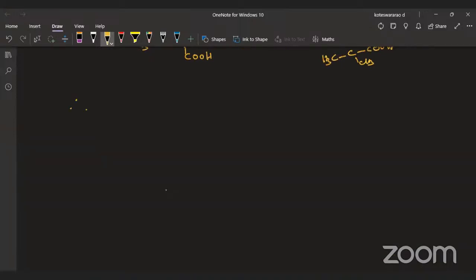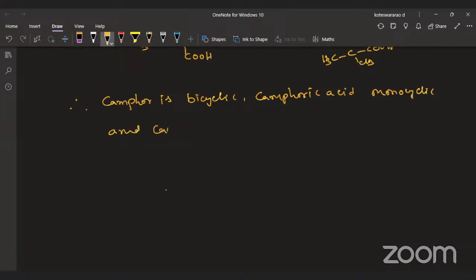Therefore, camphor is bicyclic, camphoric acid is monocyclic, and camphoronic acid is acyclic.